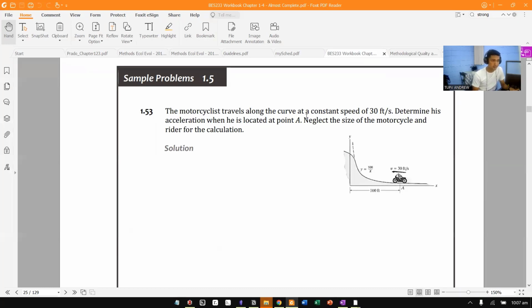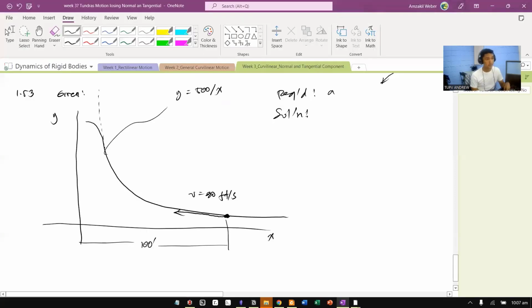So that's the path towards the solution. We need to solve for the radius of curvature first. The formula for radius of curvature is 1 plus y prime squared, raised to 3 halves, over y double prime.